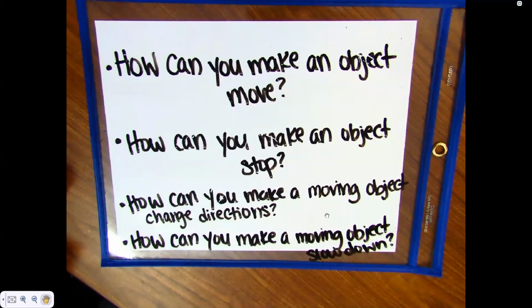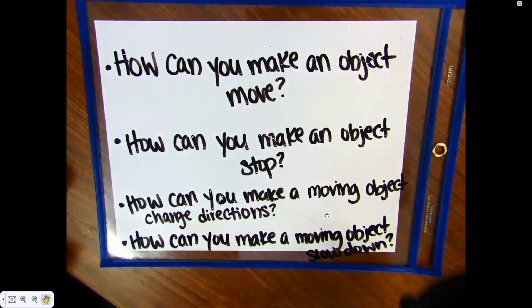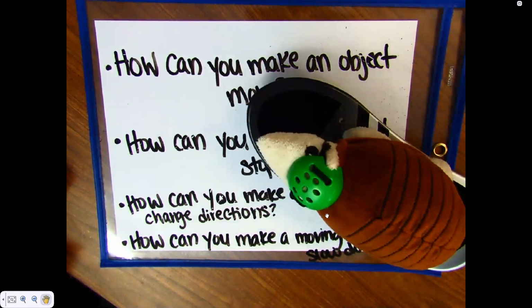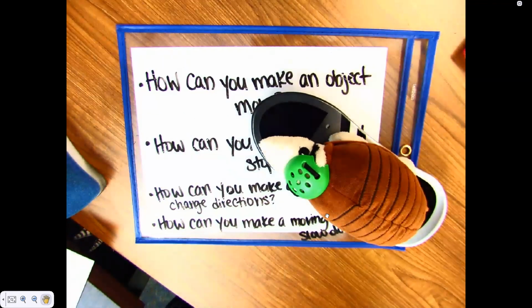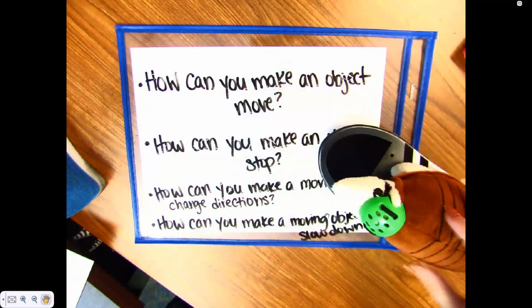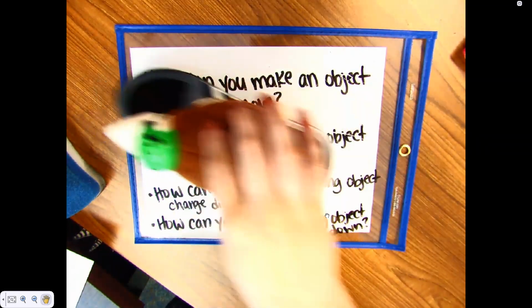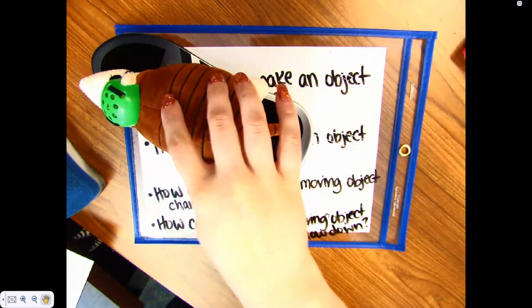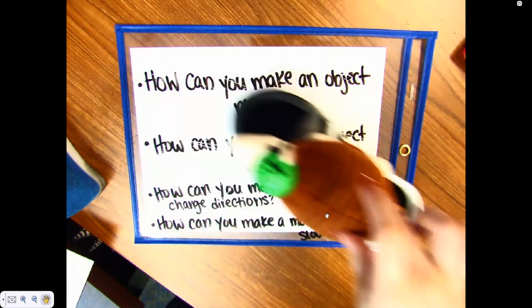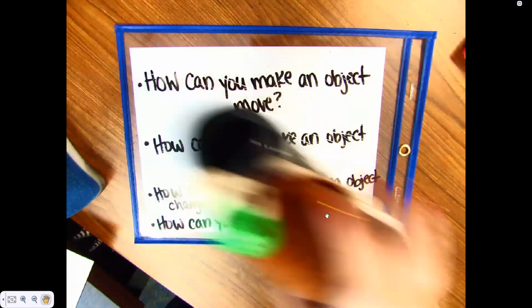So what about, I have a little friend. What if I take this little guy? How am I making him move? Michael, how am I making him move?